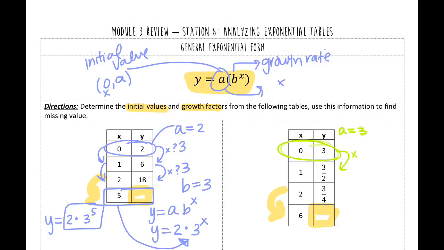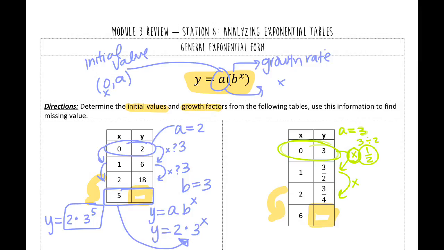Now I need to ask myself, if I started with 3, how did I get to 3/2? And if I had 3/2, how did I get to 3/4? Some of you might say, from 3 to 3/2, I took 3 and I divided by 2. But remember, we're focusing on multiplication. So dividing by 2 is the same as multiplying by a half. Now I can check if I take 3/2 and I multiply by 1/2, do I get 3/4?